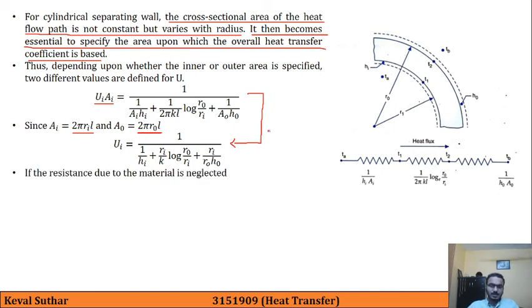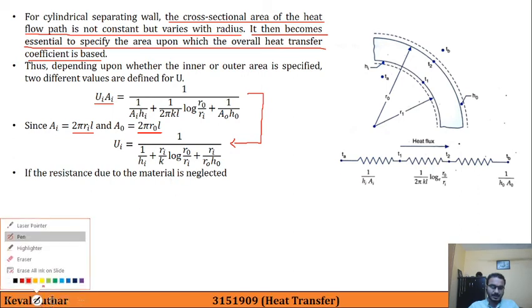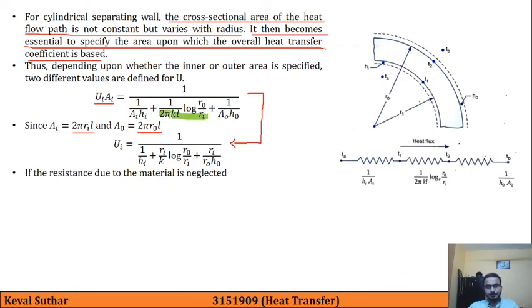Now suppose the resistance due to the material is neglected, that is, suppose we are neglecting this portion, the resistance due to the material.